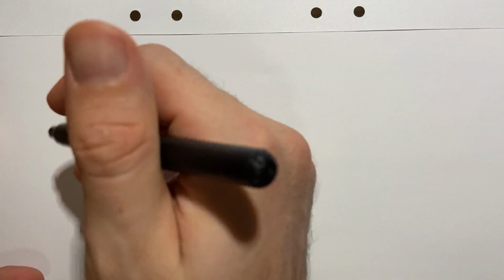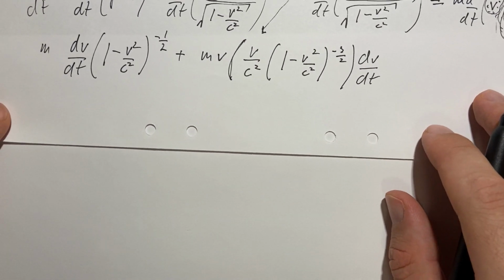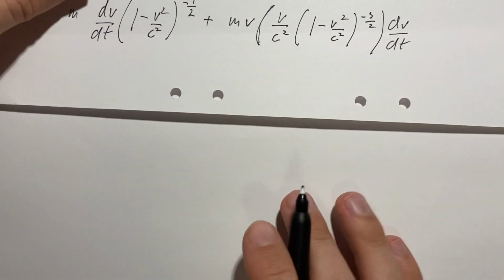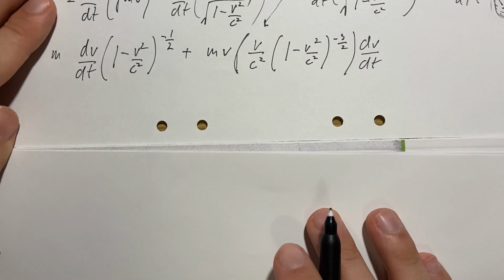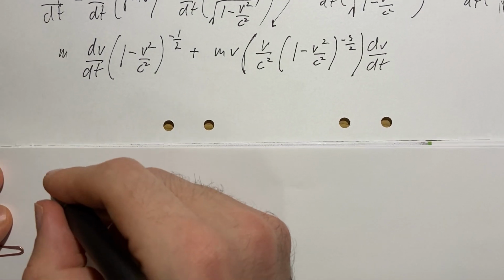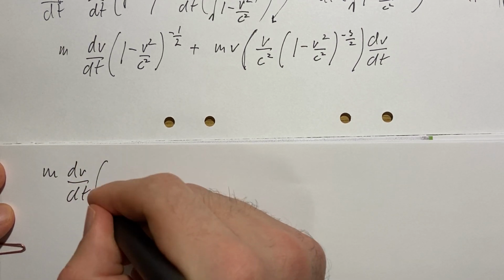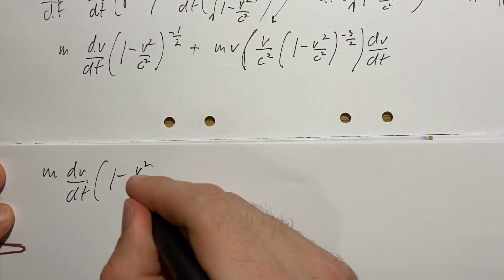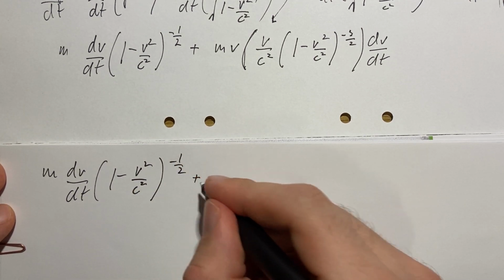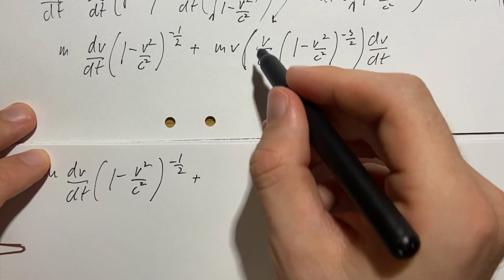So let's continue with this expression and how to simplify it even further. Now we would have to write, of course, m dv by dt (1 minus v squared over c squared) to the power of minus a half plus, multiply the v with the v.